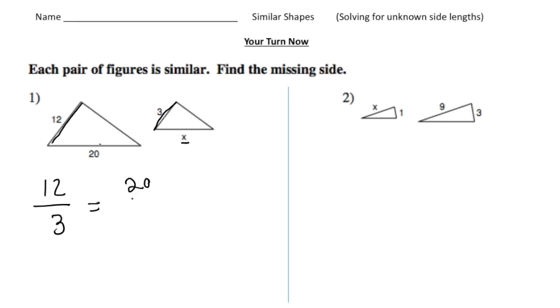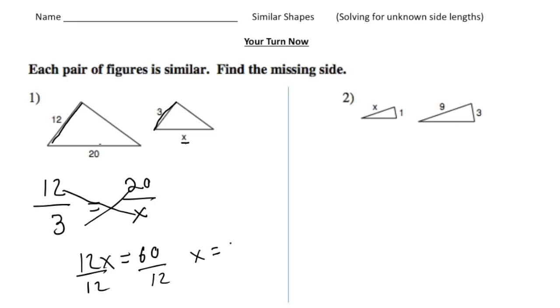Now that we've written our proportion, we know that 12 times x is going to equal 20 times 3, which is 60. When I divide both sides by 12, we get an answer of x equals 5. That's the first solution.